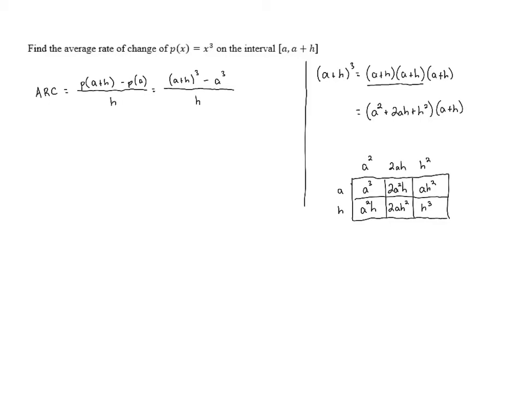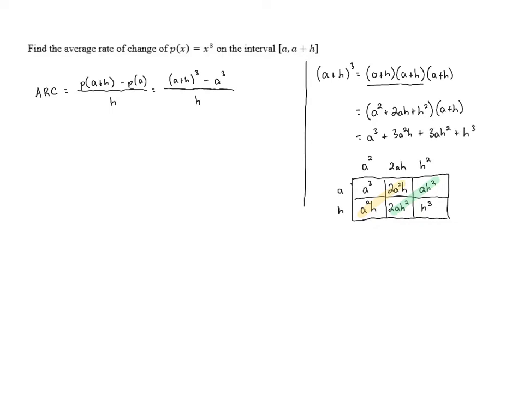Now, if we want to combine like terms, we can notice that the like terms are the ones that are diagonally across from each other. So we're going to keep the a cubed first, and then a squared h plus 2a squared h gives us 3a squared h. Then 2ah squared plus another ah squared gives us 3ah squared.